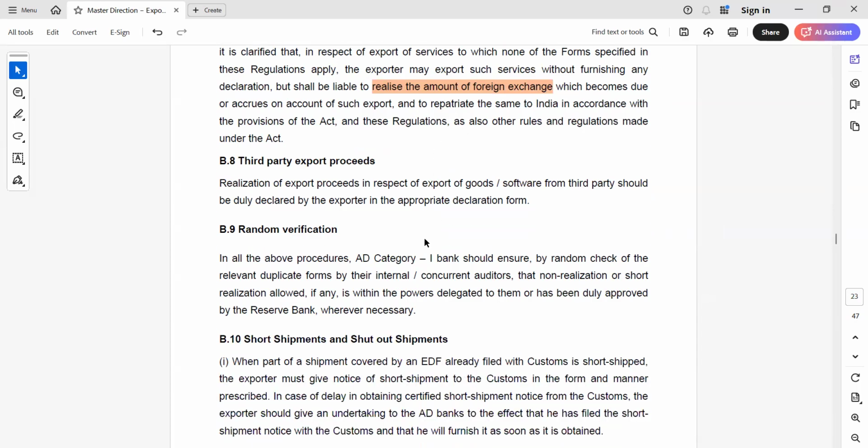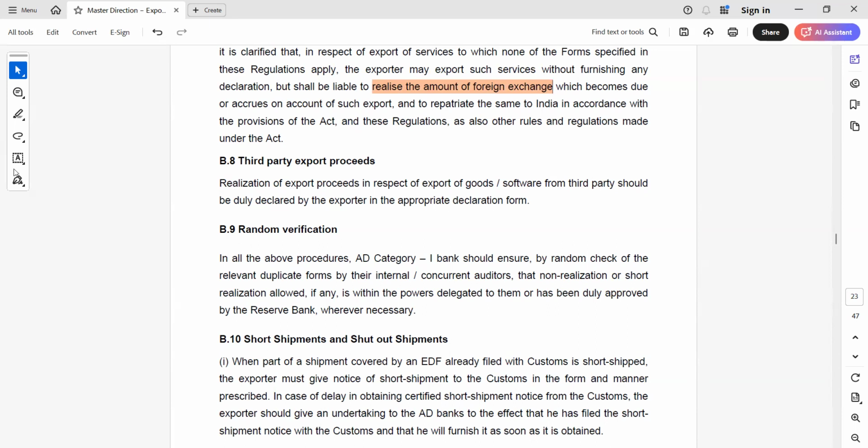Okay. Third party export proceeds. So realization of export proceeds in respect of export of goods or software from a third party should be duly declared by the exporter in the appropriate declaration.